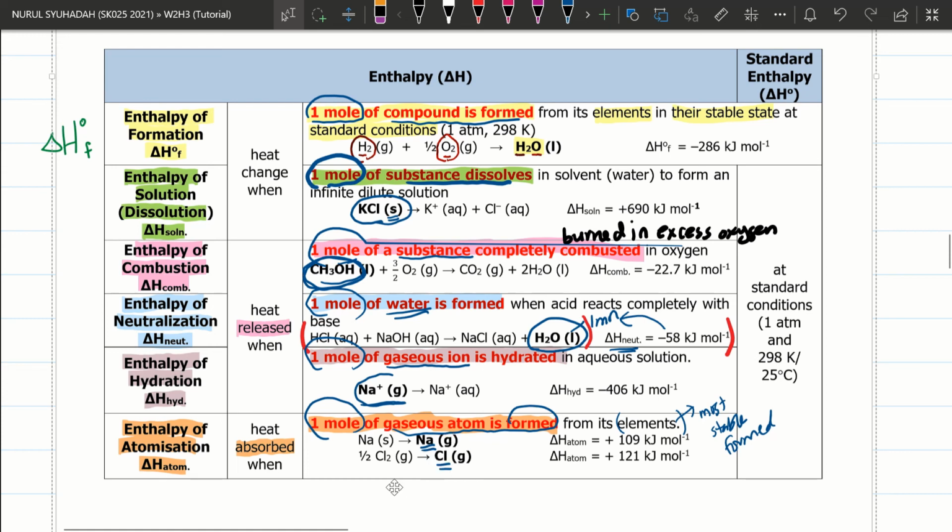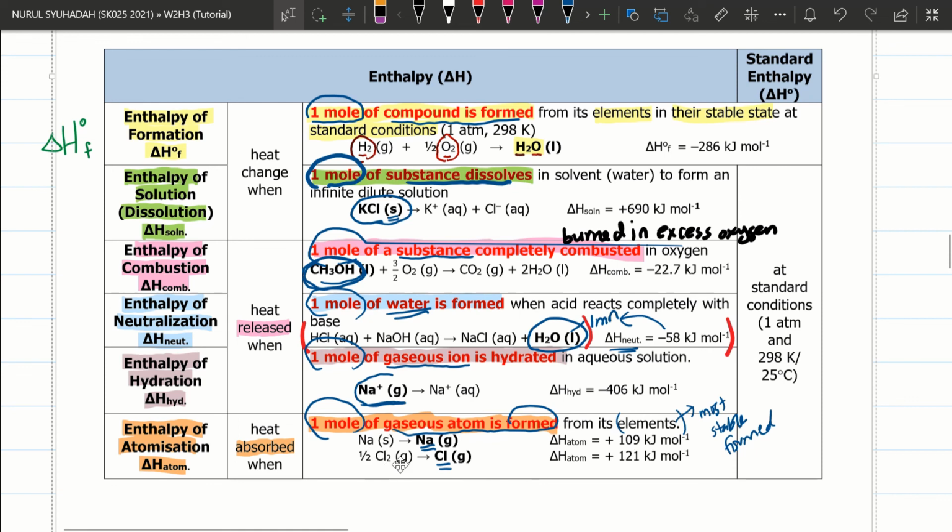Its element is Cl2, and the most stable state for chlorine is chlorine gas, so you have Cl2 gas. Since we want only 1 mole of chlorine atom gas, on the left hand side it's half Cl2, so that I have 1 Cl atom only.